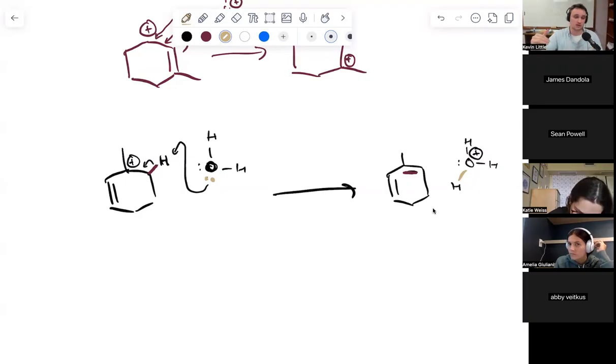So either neutral things using their electrons to push into positive things, or negative things using their electrons to push into neutral things. There's always this movement from things with a lot of electrons, which tends to be more electronegative atoms, to things without a lot of electrons, which tend to be more electropositive atoms. So there's a general theme there.